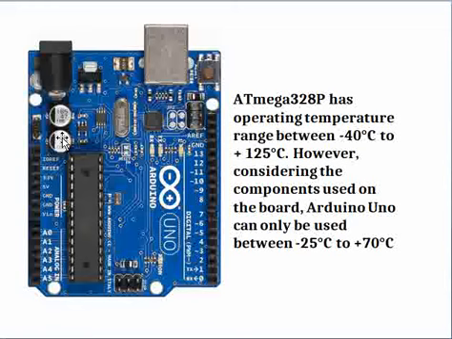In those applications, it is very important that for a specific project you need to know at what temperature range you can use this Arduino board. For example, if you see the temperature specification of the ATmega328P, the operating temperature of this particular microcontroller is minus 40 to 125.